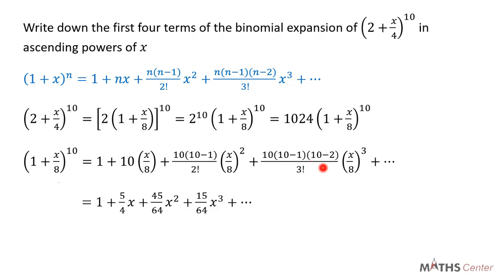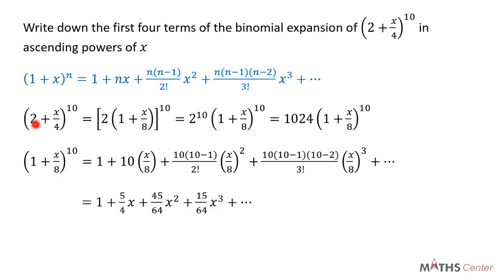Then for the fourth term, you are going to have 10 times 9 times 8, which is (10 - 2), divided by 3! times x^3/8^3 will give us 15/64 x^3. Now this is the expansion of (1 + x/8)^10.